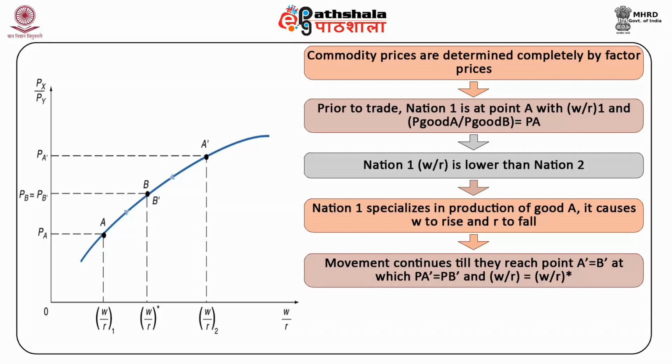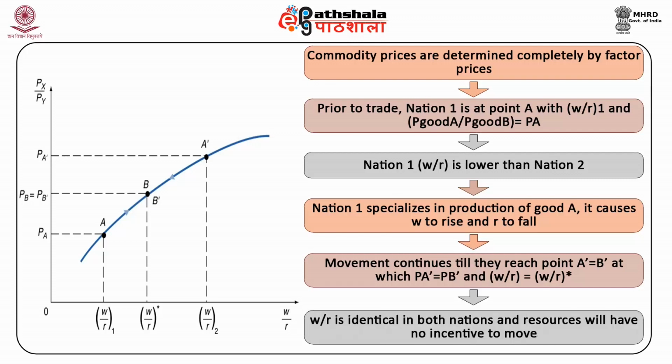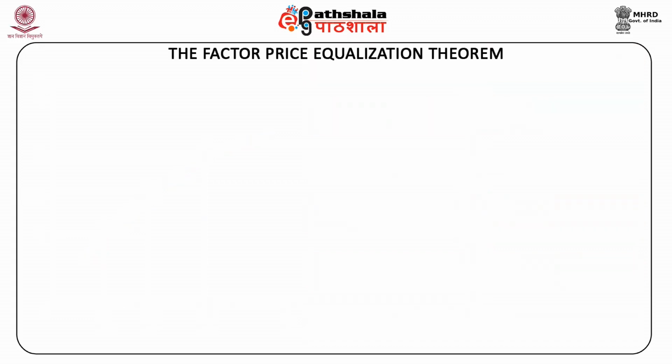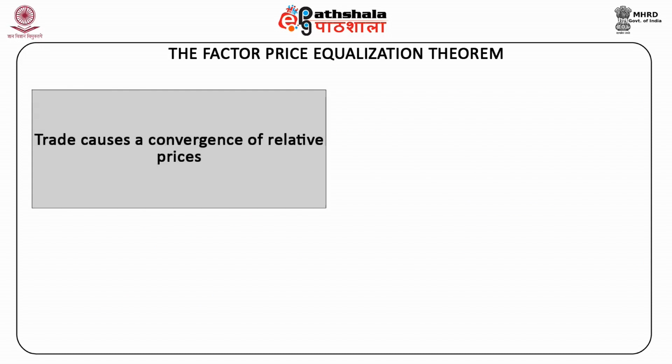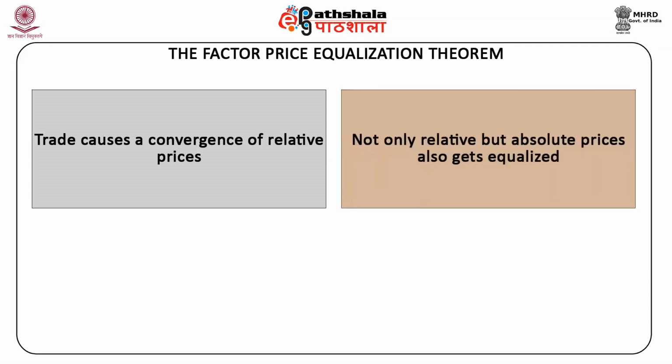At this point, W by R is identical in both nations and resources will have no incentive to move from one country to another. Hence, trade causes a convergence of relative prices. However, not only relative prices but absolute prices also get equalized.